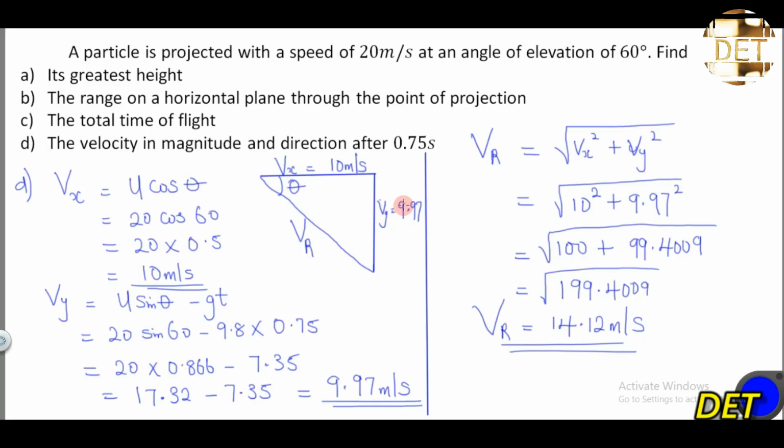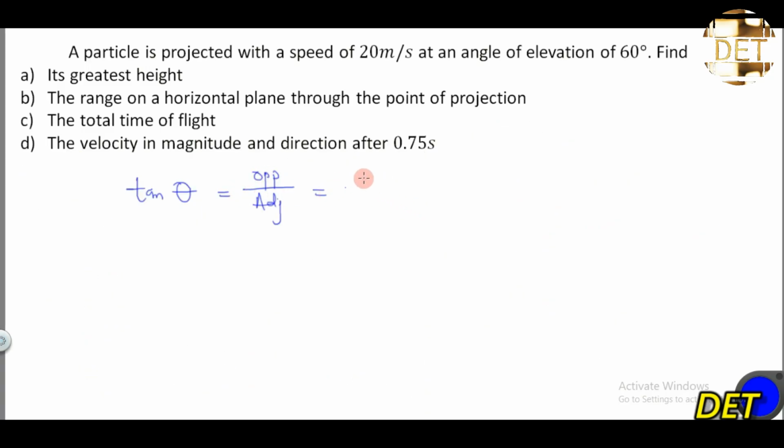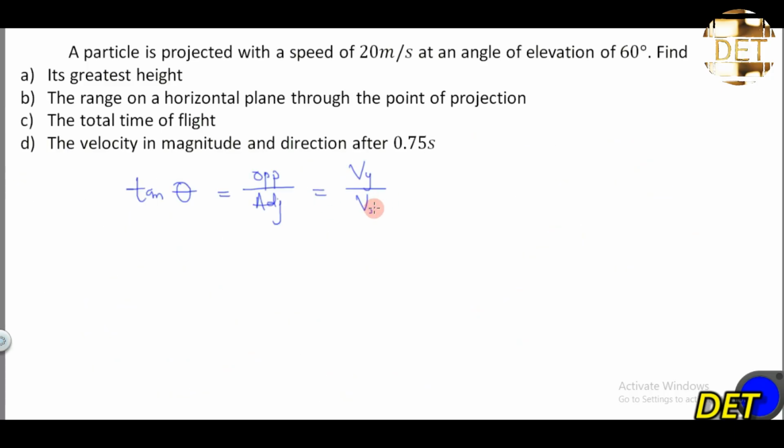From this, the opposite, which is the side facing this theta, is Vy, which is 9.97, right? So my opposite, the vertical velocity, over my adjacent. My adjacent in this question is my horizontal velocity, Vx, right? The vertical velocity we had as 9.97, and the horizontal velocity we had as 10 meters per second, right?